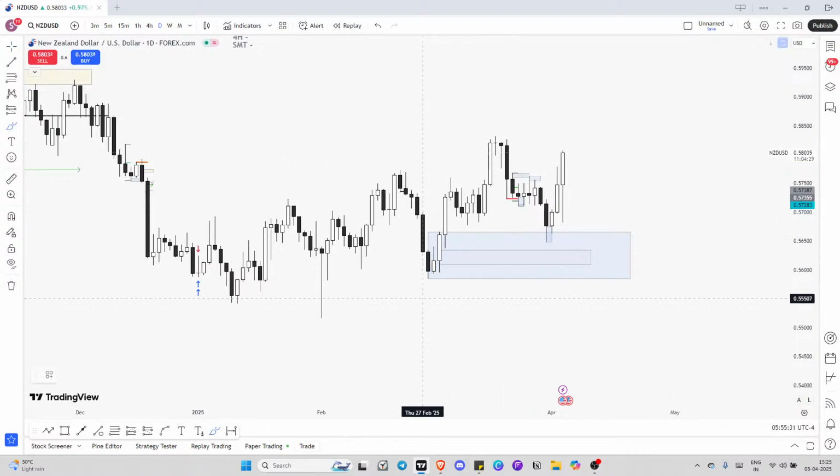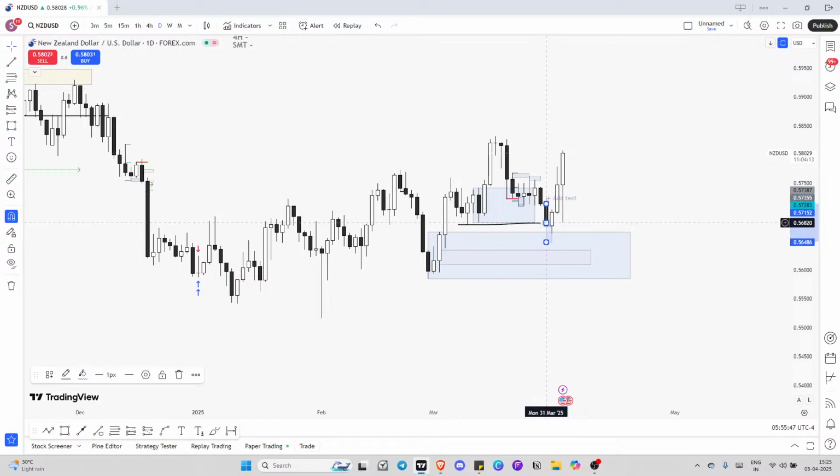Inducement, which I taught you earlier. So here inducement, trapping of the early buyers here, right? Then this down push for the move up, right? This is how it goes.